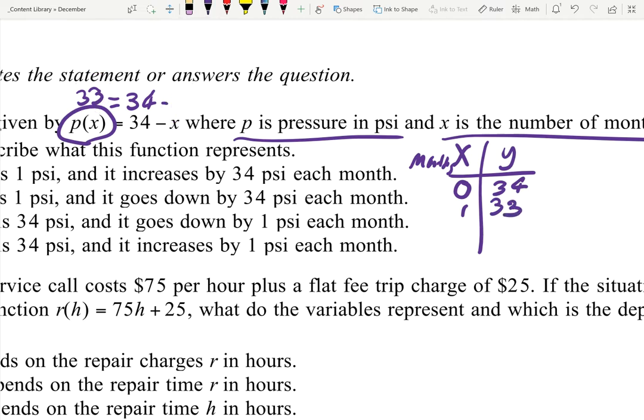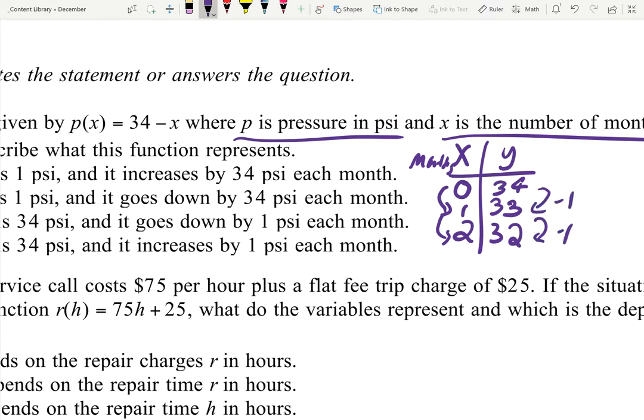What if 2 months go by? 34 minus 2 equals 32. 2 months, 32. So you get a bit of a pattern here. As another month passes, we are losing 1 pound of pressure, 1 psi.